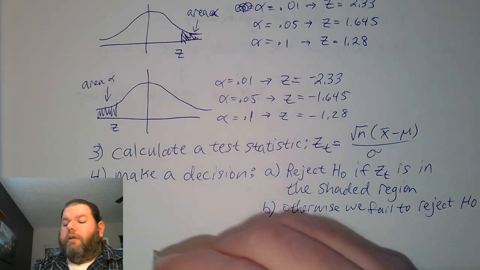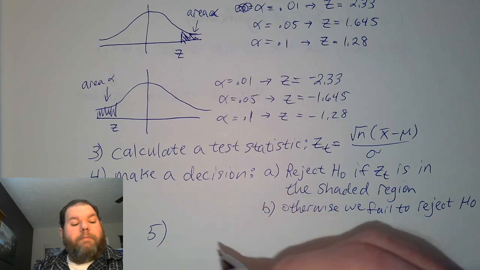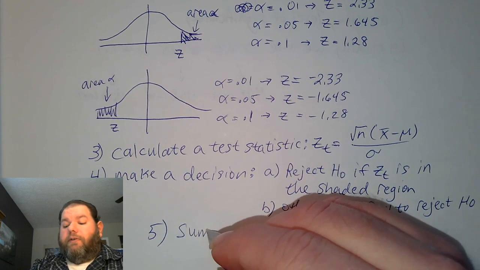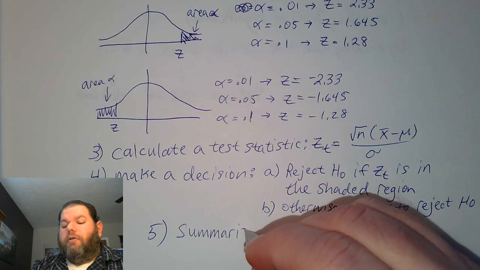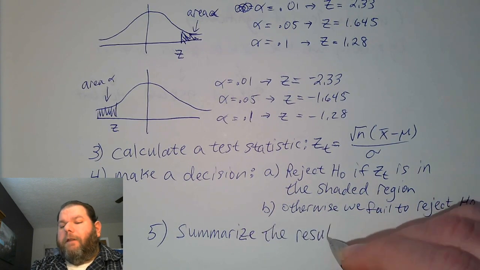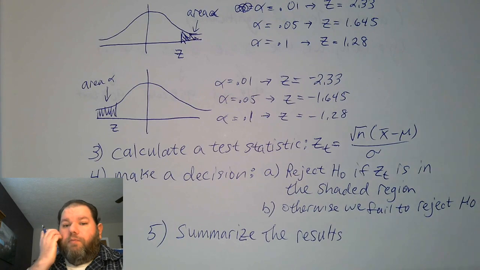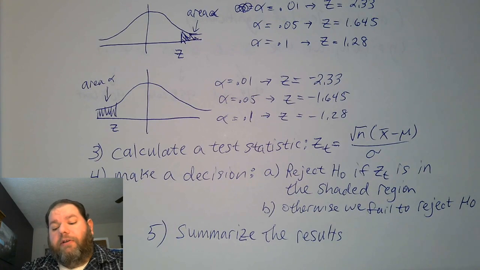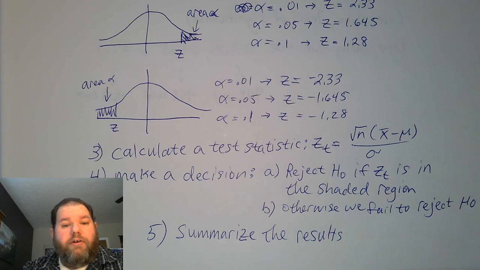And then our fifth and final step, summarize the results. Just like we did with our confidence intervals, we would like to write just a sentence summarizing what this actually means when we have decided to reject H naught or fail to reject H naught.